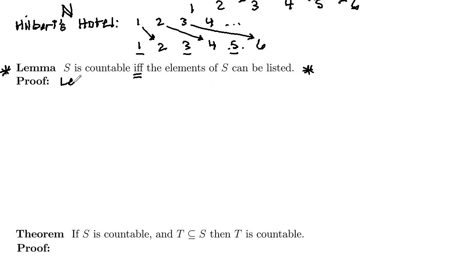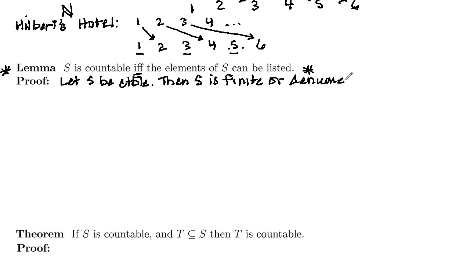So let's let S be a countable set. Okay, then what does that mean? Well, S is finite or denumerable, because that's what countable means. And if S is finite, then it's equinumerous with 1 through n for some n.